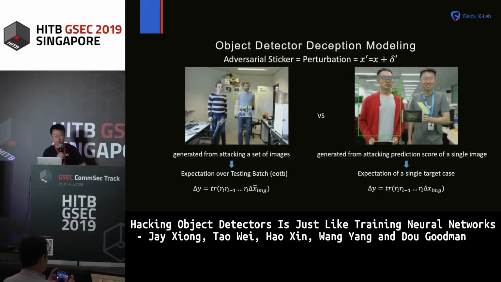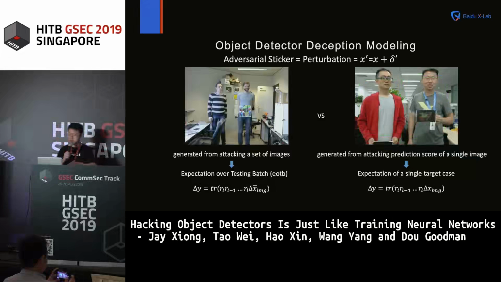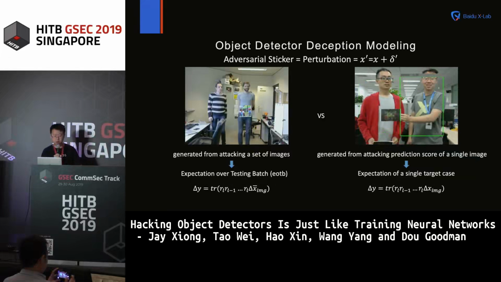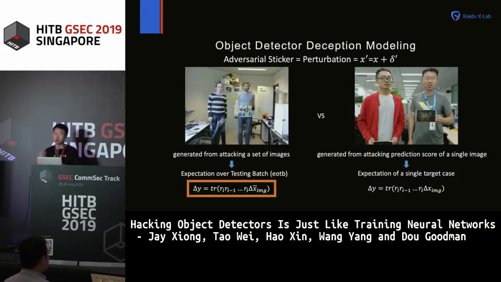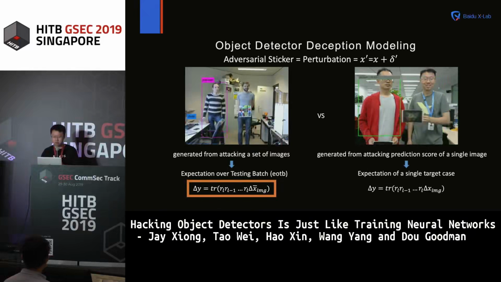If you are interested, you can see these two pieces of research are very similar to each other, except that on the left, they use many pictures, which is data, we say the distribution. They do an average operation among many images as an attack target.